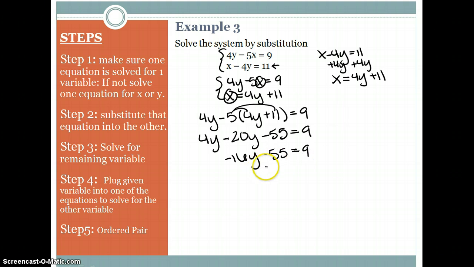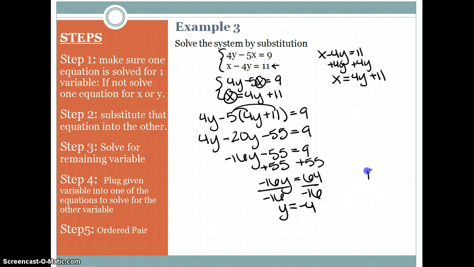Next is to add 55 to both sides. So you have negative 16y is equal to 64. Divide both sides by negative 16, and you'll get y is equal to negative 4.